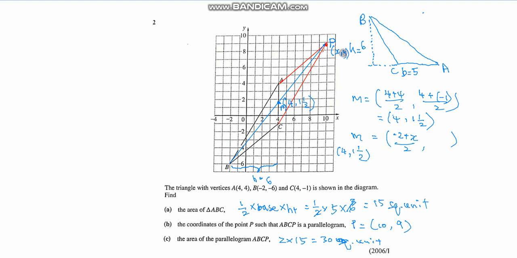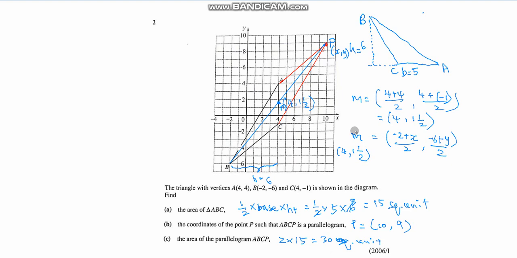Similarly, we take the y coordinate of B, which is minus 6, plus y, the y coordinate of P, divided by 2. This must equal 1.5. You see there is one unknown in each. If you make this equal to this, you can find x, and then the same for y.